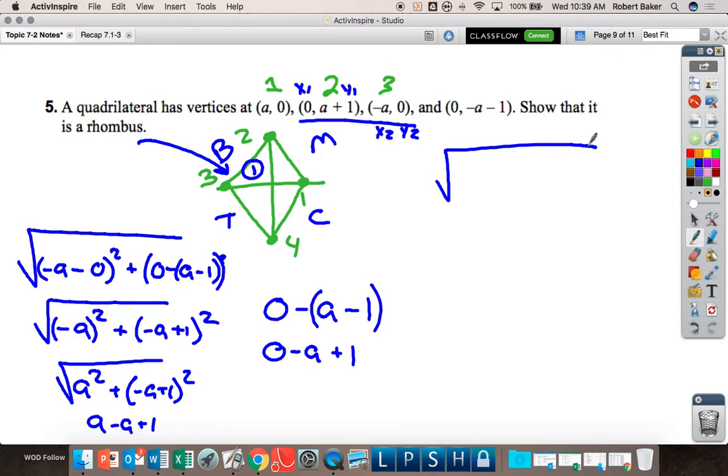Oh, right. Yeah, so I did 2. I did a minus 0. A minus 0. And then 0 minus negative a minus 1.